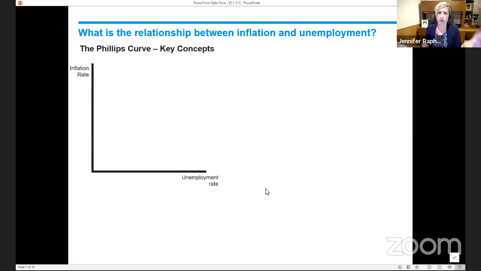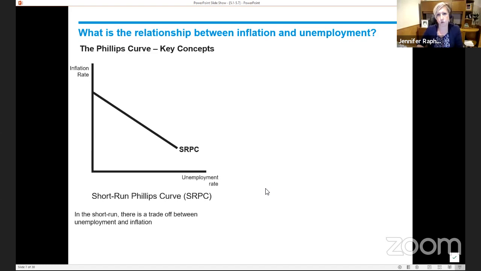The convention is to have the inflation rate on the vertical axis and the unemployment rate on the horizontal axis. In the short run, you've learned there is a trade-off between inflation and unemployment. We reflect that relationship in a downward sloping short run Phillips curve. What this illustrates is that when the inflation rate is high, unemployment is low.